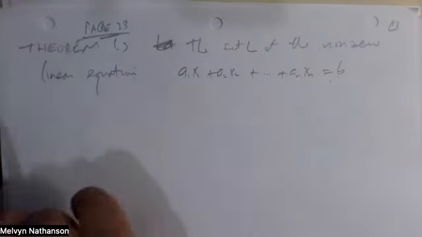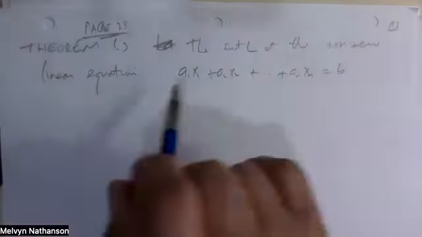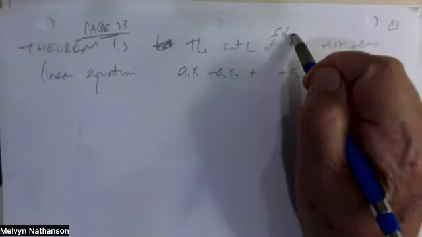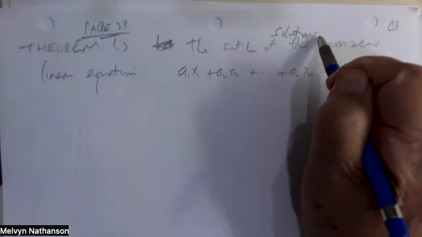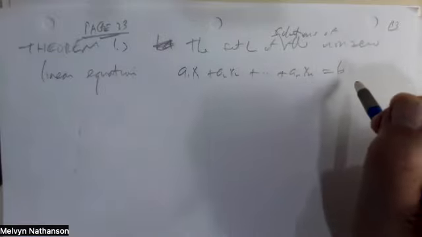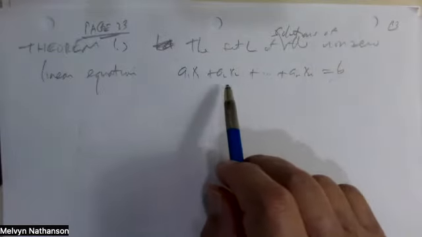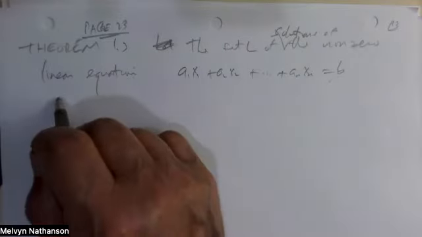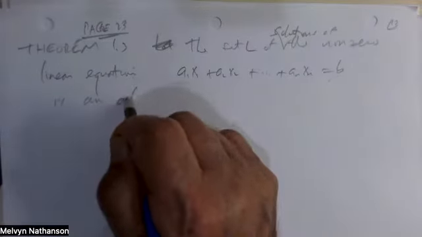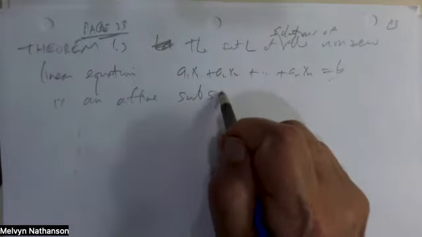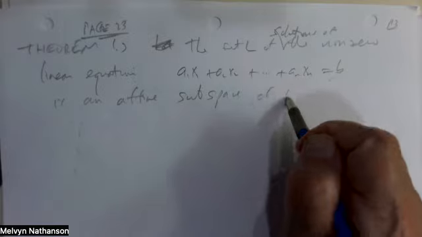In all cases, the set L of solutions of the non-zero linear equation is an affine subspace of Rn. Non-zero means at least one of the a's is non-zero.